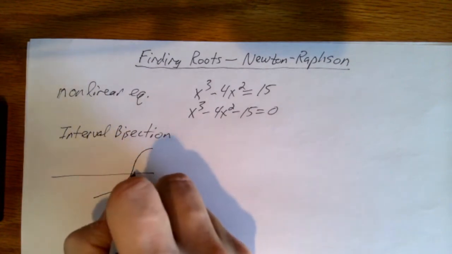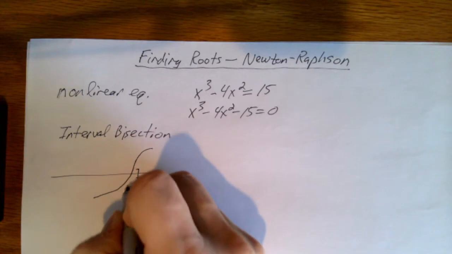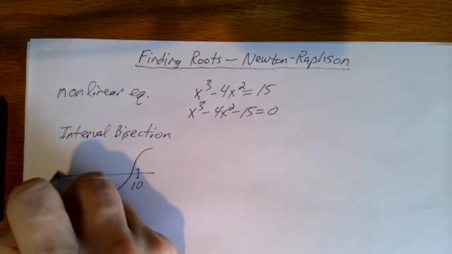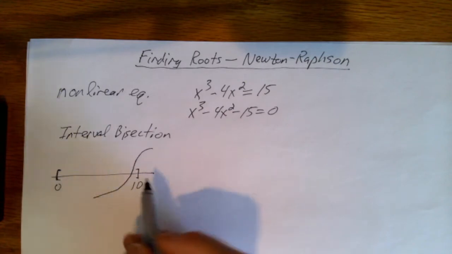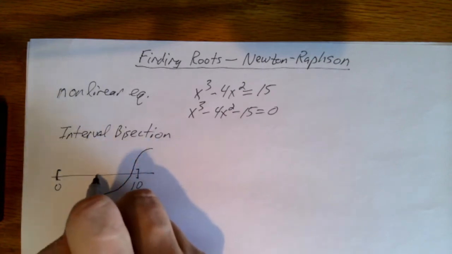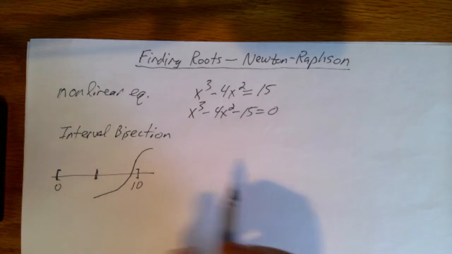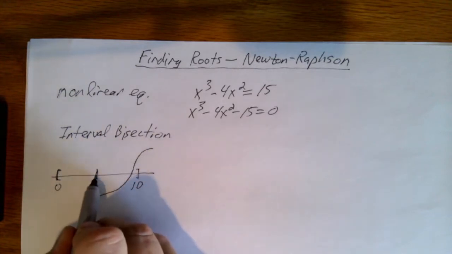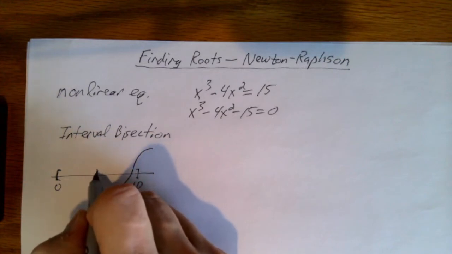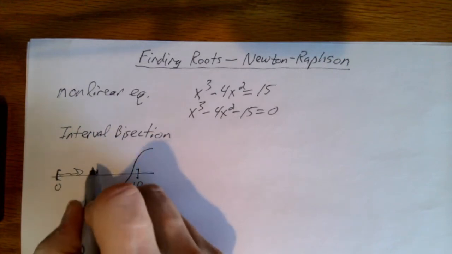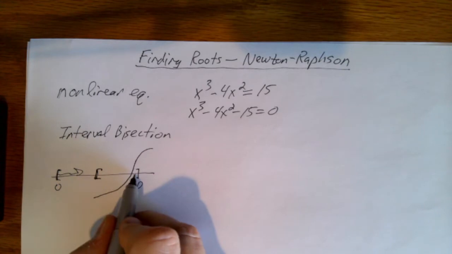So let's say that over here I have, say, 10, and over here is 0, and I know there's a root somewhere in here. Well, interval bisection is going to calculate the midpoint, and now it's going to move one of these two endpoints to here. It will be able to determine that the root is to the right of this, so it's going to move this interval in. So this now becomes the interval.